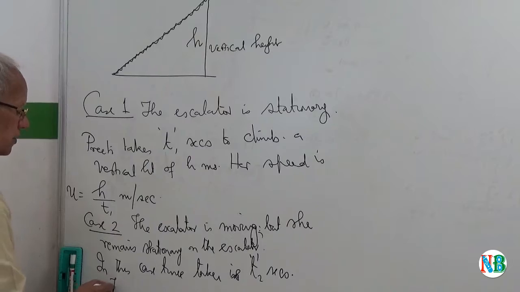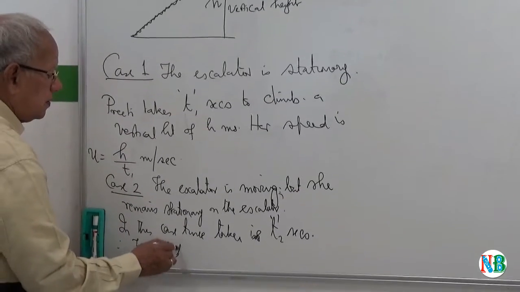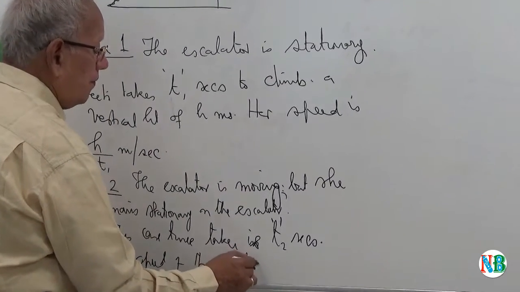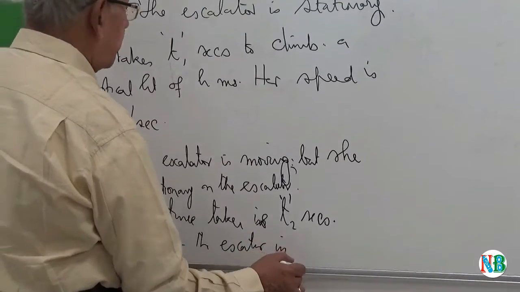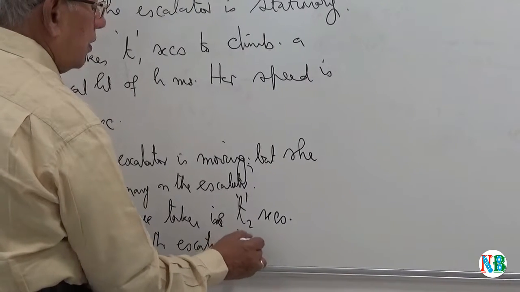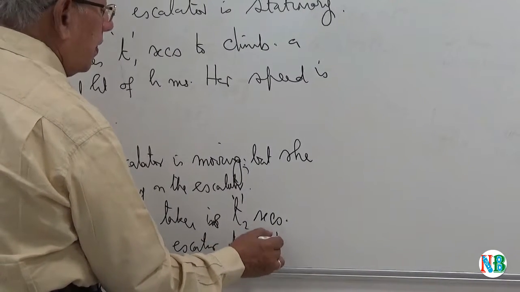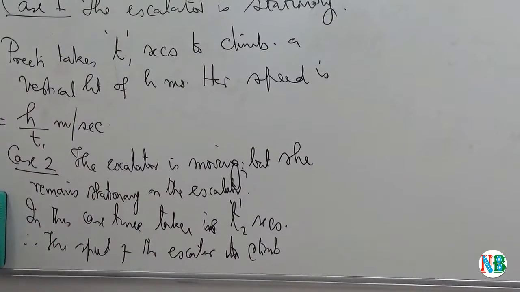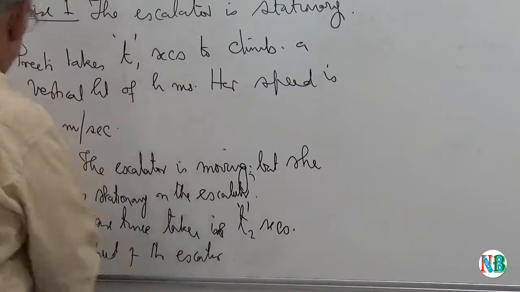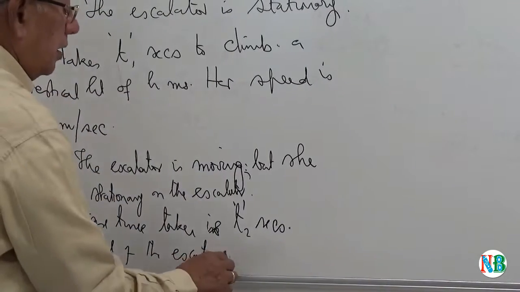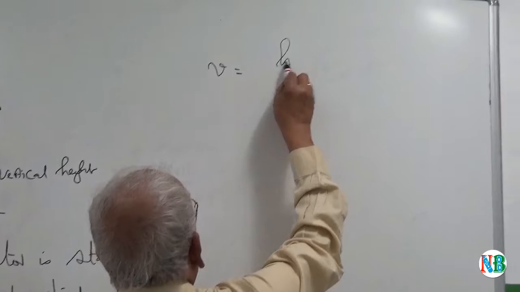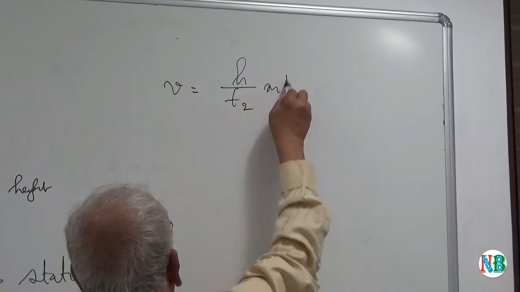Therefore, the speed of the escalator to climb, or speed of the escalator, is v equal to h by t2 meters per second.